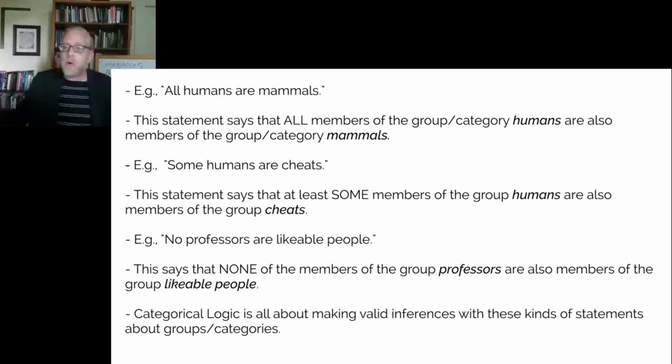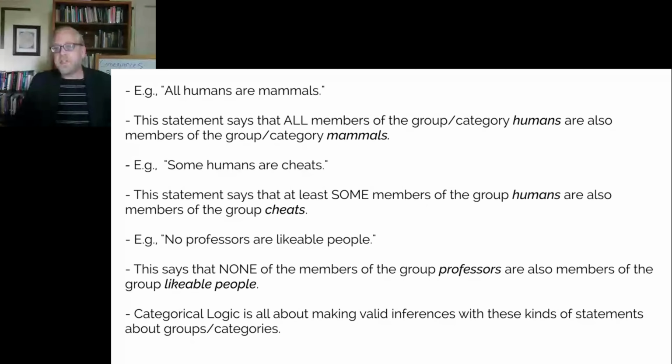So that's what categorical logic is all about, making valid inferences with these kinds of group category statements, talking about some, all, or none. Like with propositional logic, the basic ideas are pretty straightforward and they're things we already know. We already can think categorically. We have an intuitive understanding.